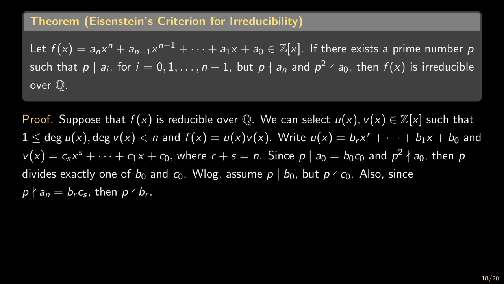Ang gagawin dito, ganito. We will consider the set of all indices n, no, so that p does not divide b sub n. We'll consider all the indices where p does not divide bn.